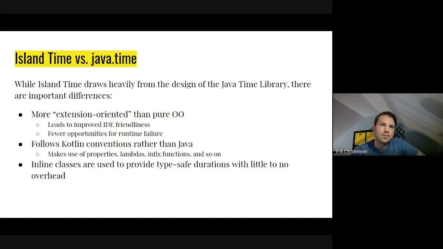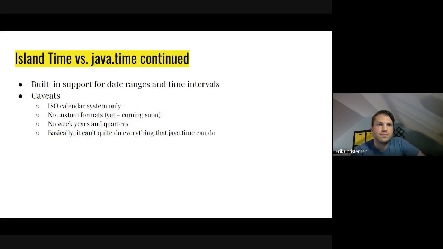It follows Kotlin conventions instead of Java. We take advantage of properties, lambdas, infix functions, all of those fun things. And we use inline classes to provide type-safe durations with little to no overhead. There's also built-in support for date ranges and time intervals because those are part of the Kotlin language.